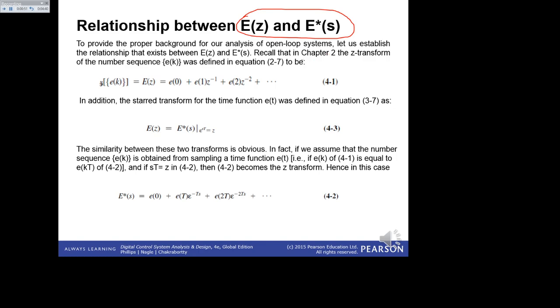We all know this equation, that the Z transform of any number sequence is E(z), which is given by equation 4.1. Everyone knows about this.